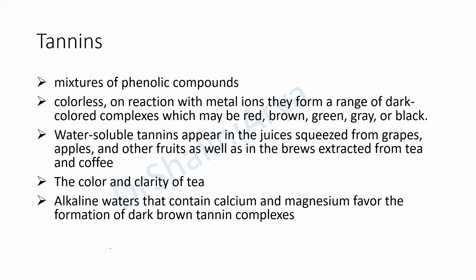If acid in the form of lemon juice is added to such tea, what happens? Its color lightens. Please do this experiment. It's a very easy experiment. Extract the tea, then squeeze a little bit of lemon and you see what happens. The color lightens. Why?